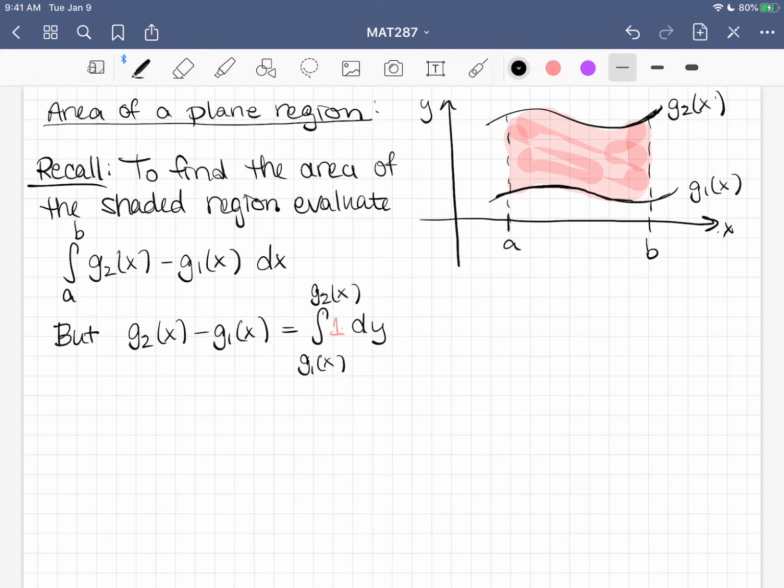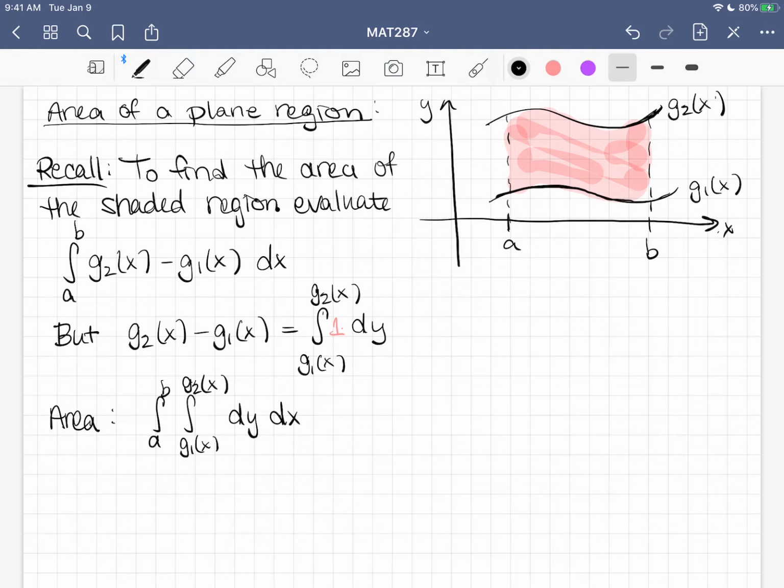So that means that the area can be written as an iterated integral. It's the integral from A to B of the integral from g1 of x to g2 of x dy dx. So we're going to integrate with respect to y first and then with respect to x.